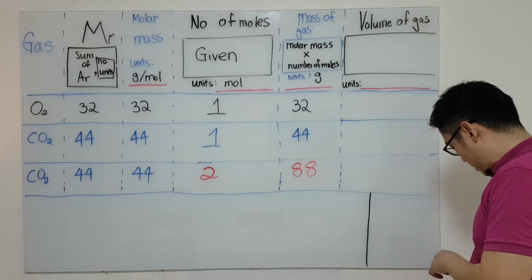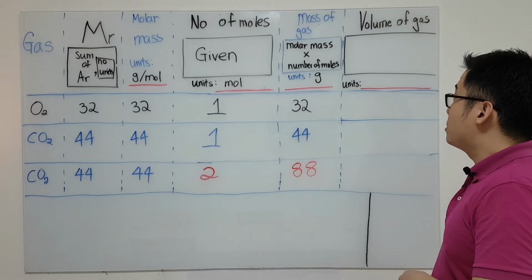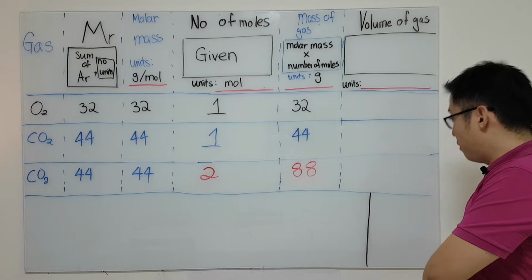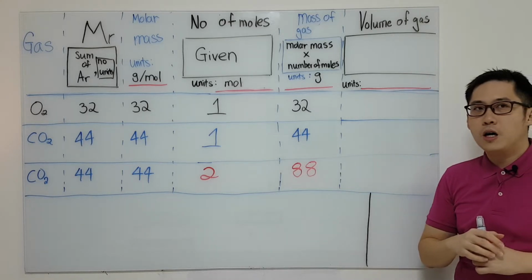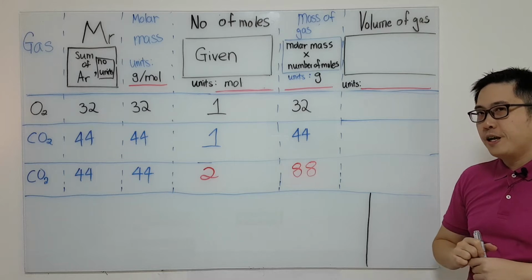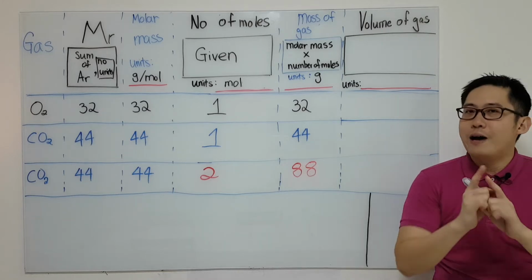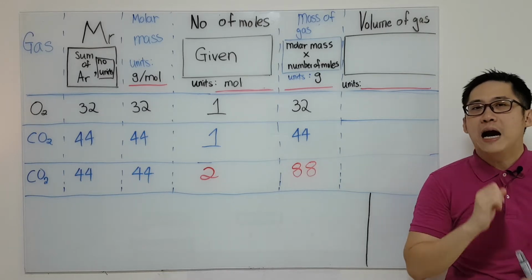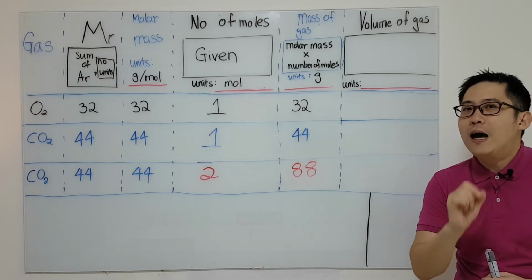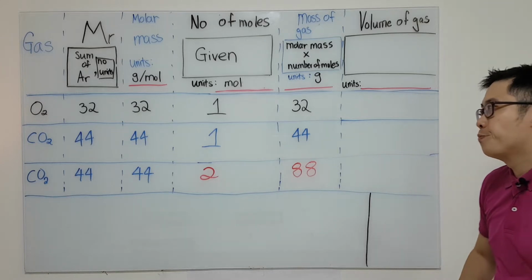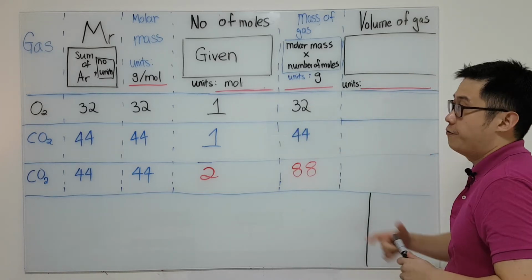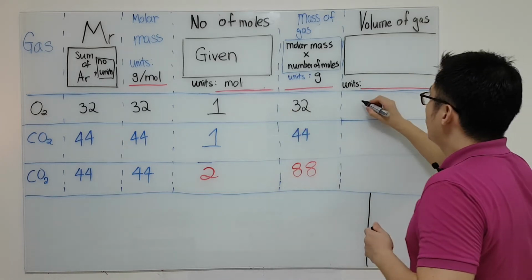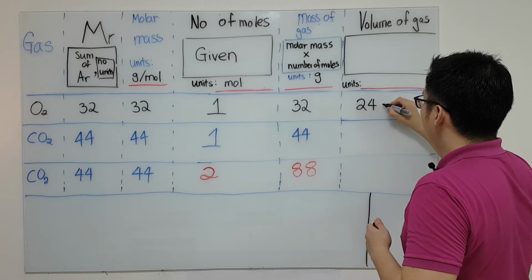Now, this is when I will ask you to look with me at the volume of these gases. Let me tell you the answer first before I show you the working. The volume of gas for this oxygen is 24 dm³.